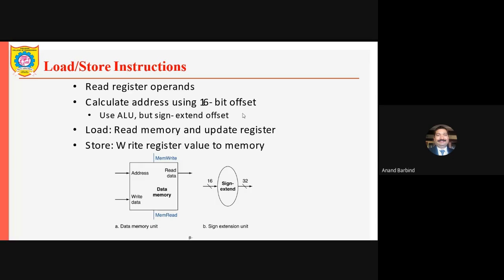It is how data memory operates or functions. We shall see in detail how load and store instructions are executed, but we discussed that the address for the data memory is calculated by the CPU.